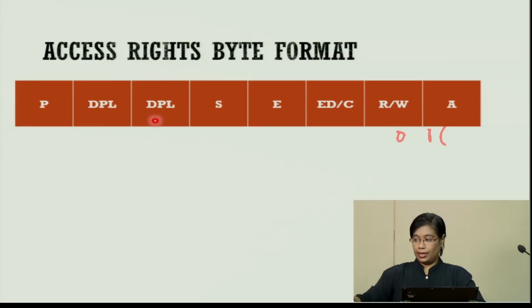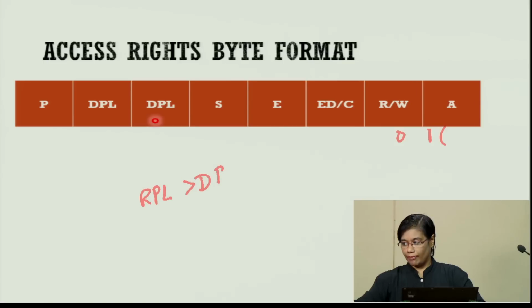If the RPL happens to be of a higher priority level when compared to the DPL, I'm not talking about the value, but I'm talking about a higher priority level, that is, if the RPL is greater or equal in privilege to the descriptor privilege level, then access to the segment is going to be allowed. Otherwise, the access to that particular segment will not be allowed.